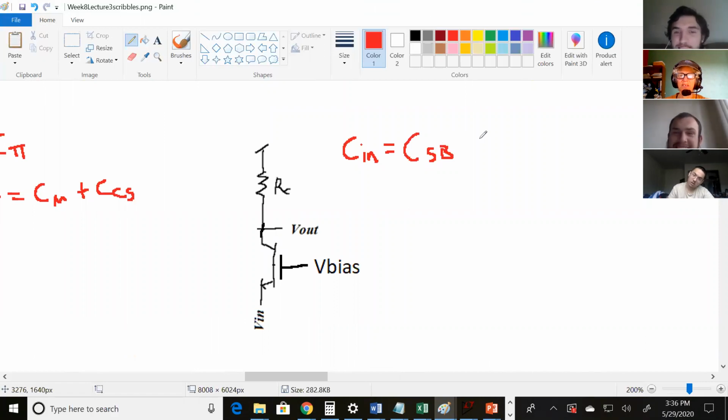CSB plus C gate source overlap. And isn't it nice that they actually use subscripts that tell you something instead of C mu and C pi? Okay. All right, you can guess what's coming next. C out. Okay.